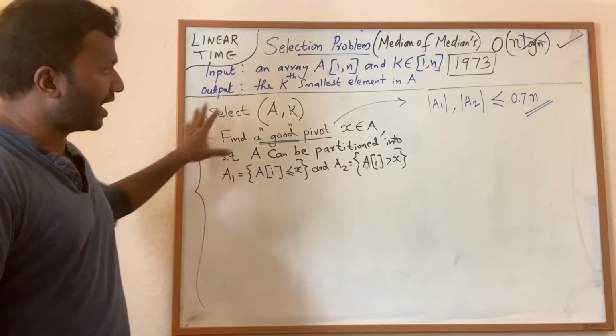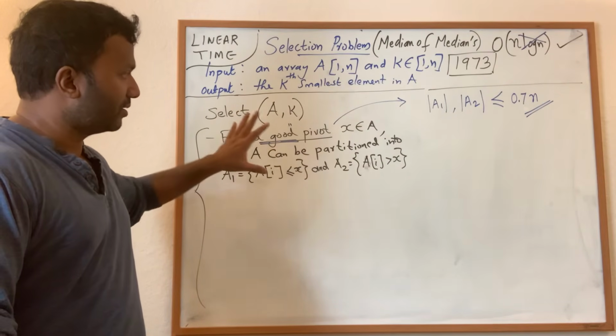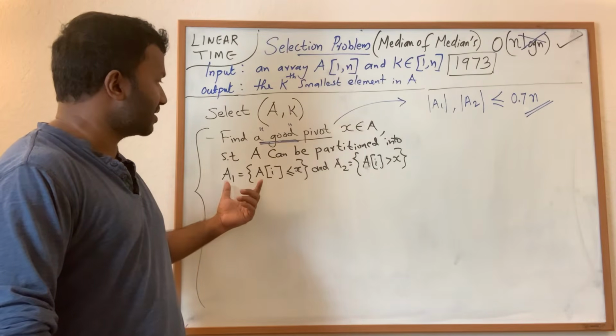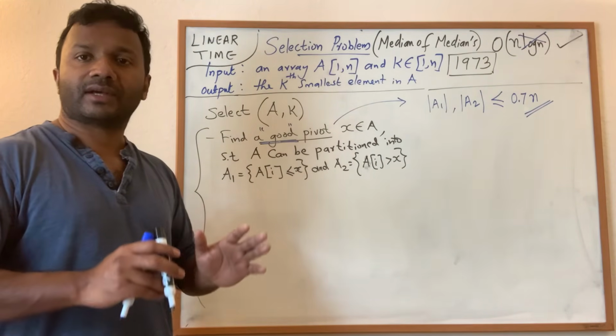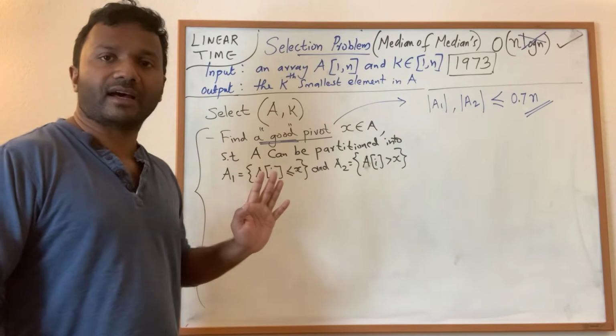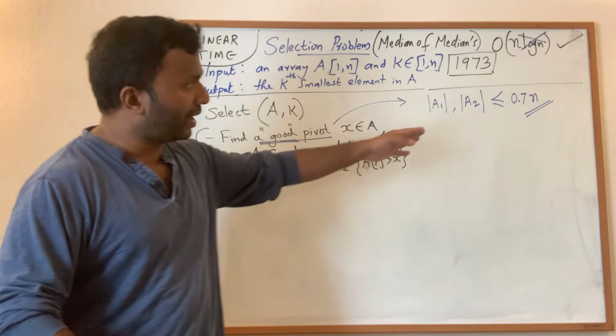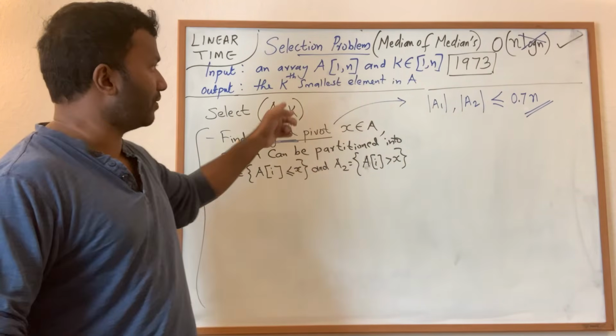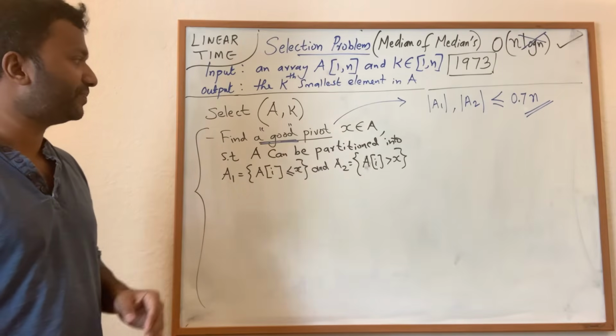For now, just assume that I have a nice technique to find a number x such that I can partition this into A1 and A2 in such a way that the sizes of these arrays are less than or equal to 0.7 times the size of my original array.